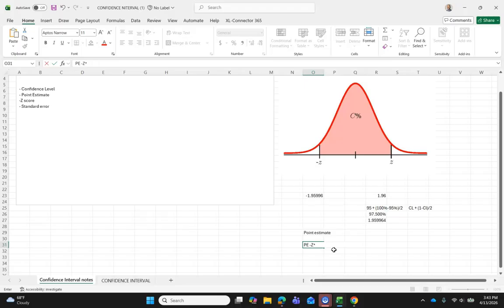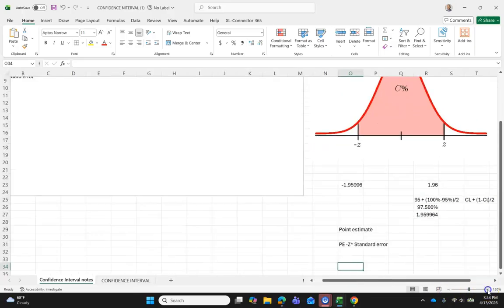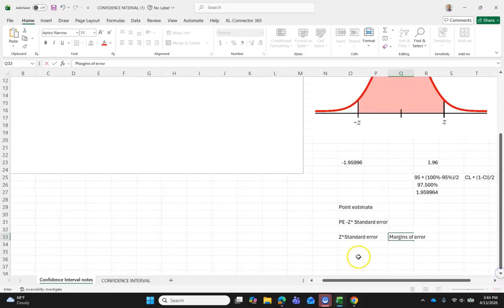Sorry about that. Z times standard error. Let me highlight this. So z times the standard error is what we call the margin of error.